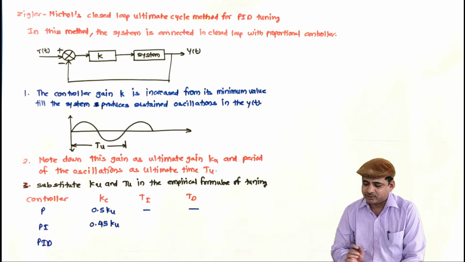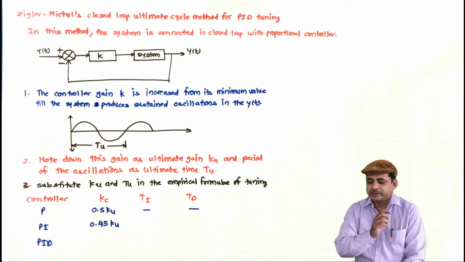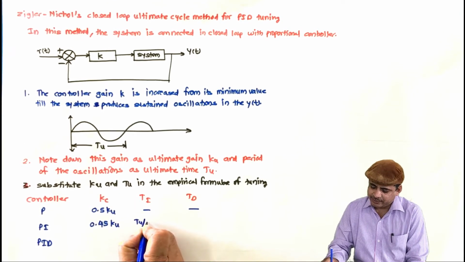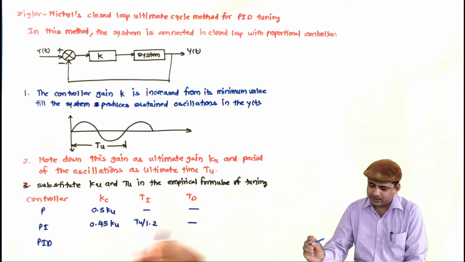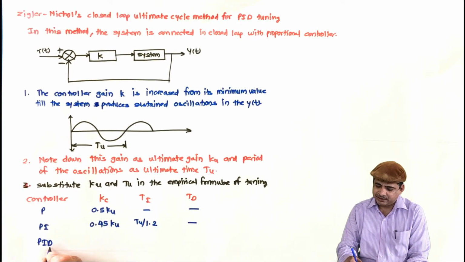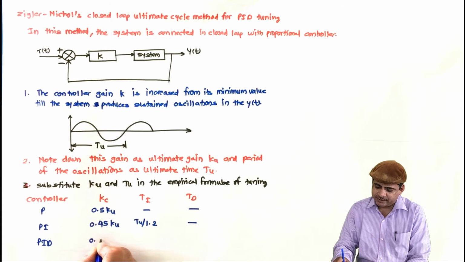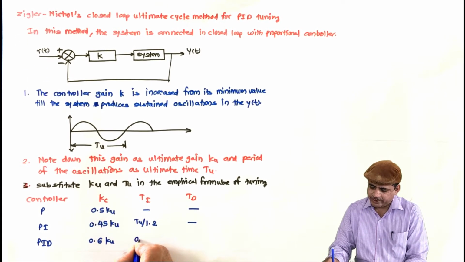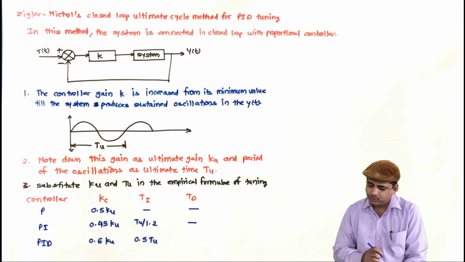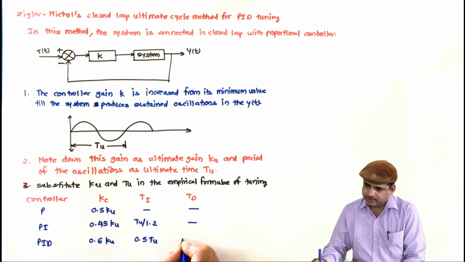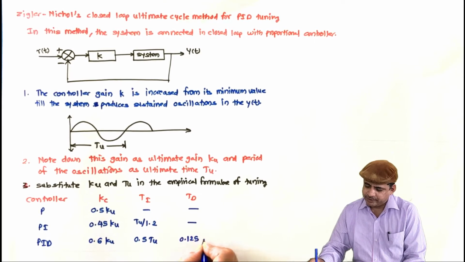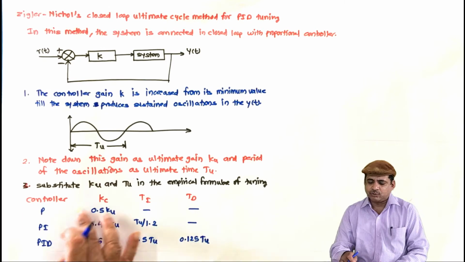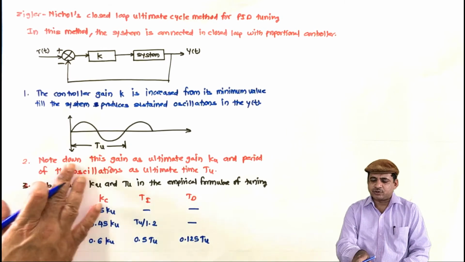So you have a certain margin of stability when we introduce D action, and here it's Tu divided by 1.2 and D is 0, so I will make it a dash, and here in PID it's 0.6 Ku. Then this is 0.5 Tu or Tu by 2, and this is 0.125 Tu or Tu by 8. So these are the empirical formulae proposed by Ziegler and Nichols based on this method.